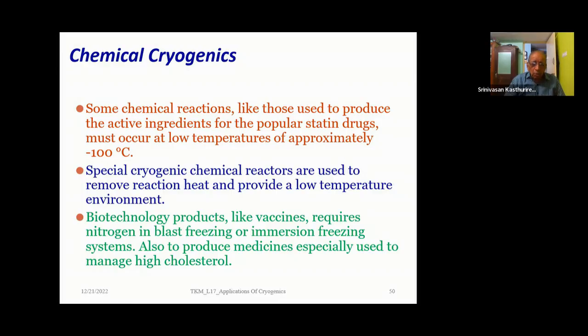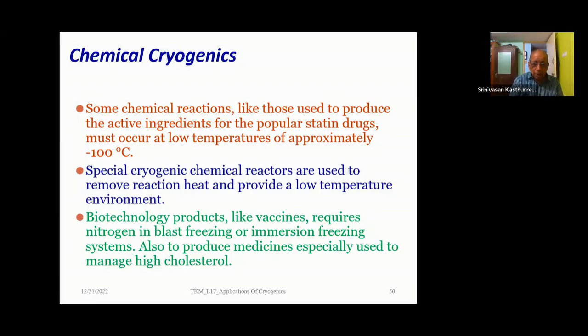Many products are involved, for example biotechnology products and vaccines, and they require this sort of cryogenic cooling. Vaccines require nitrogen in blast freezing or immersion freezing systems.